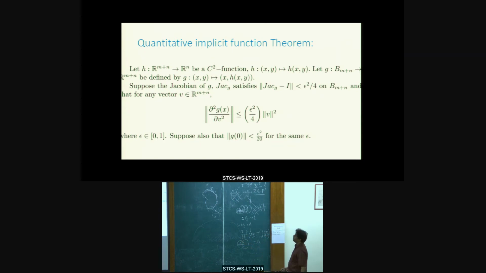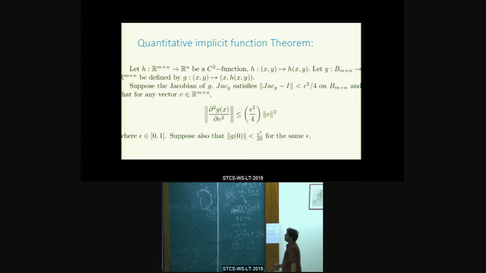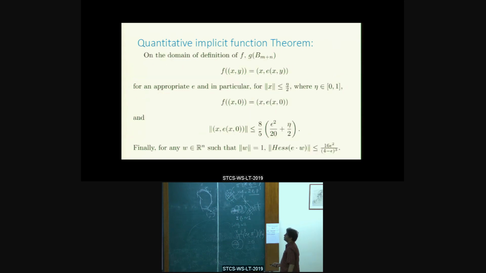And so this is the form. It basically says that if the Jacobian is close to identity in some restricted subspace, and the second derivative is small, then the 0 set of the equations is going to look pretty flat, and it's going to give you a manifold that is good.